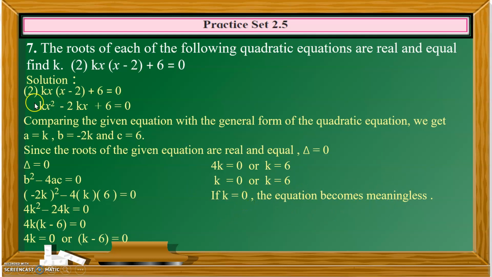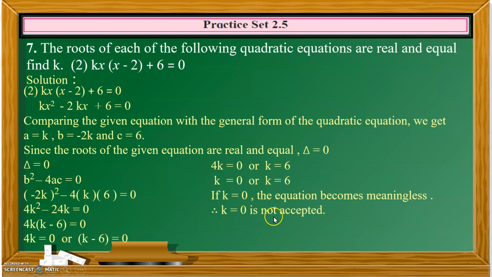How does it become meaningless? Well, if k is 0, the value of a will become 0, and we have learned already that a cannot be 0. The very important condition for a quadratic equation is that the coefficient of x square cannot be 0. So if k is equal to 0, the equation will become meaningless.